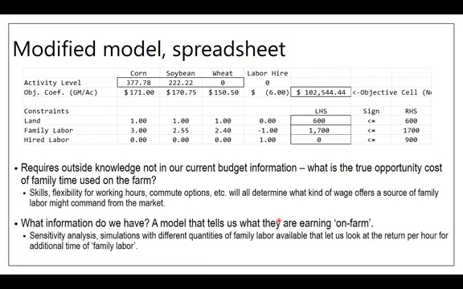The question itself about what we should earn always requires outside knowledge, not in our budget. To know the true opportunity cost of the family time being allocated to the farm, you need to know something about skills, flexibility for working hours, and the commuting options or requirements. Those determine what wage offers some family labor unit might get in the market. It could be the case that 1,700 hours is left over.